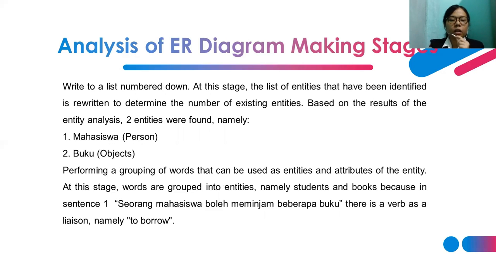Performing a grouping of words that can be used as entities and attributes of the entity. These words are grouped into entities, namely student and book, because in sentence 1, seorang mahasiswa boleh meminjam berapa buku, there is a verb as a license, namely borrow.